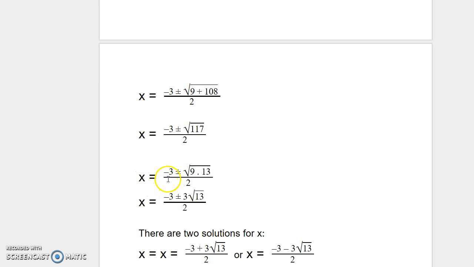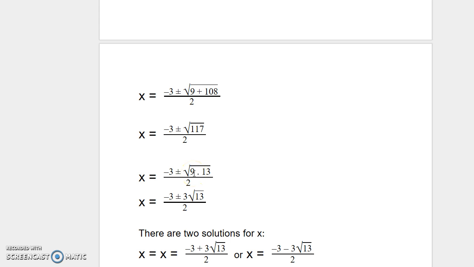x equals negative 3 plus or minus square root of 117, which is not a perfect square. So we want to see whether there are two numbers where one of them is a perfect square. If it is a perfect square, we can bring it outside of the radical term. Now we know that 9 times 13 is 117. So 9 is a perfect square.